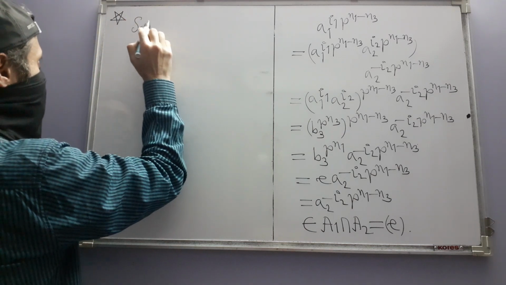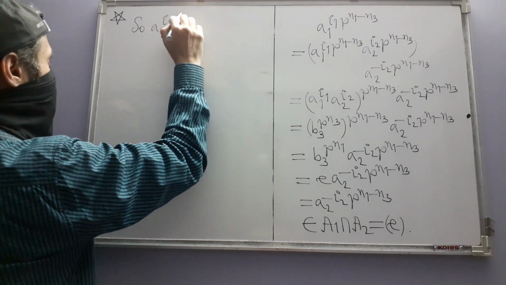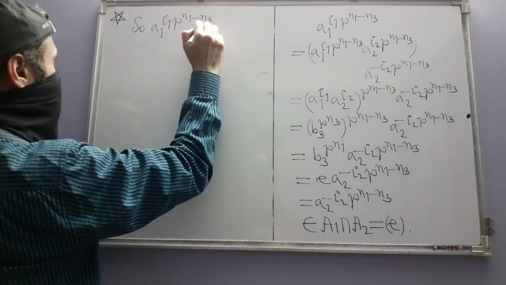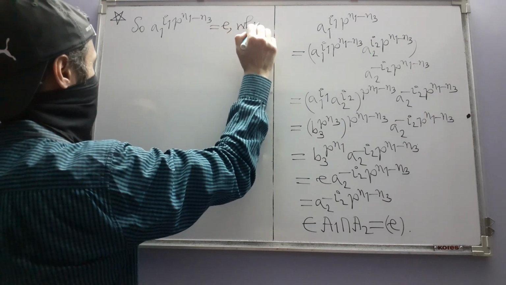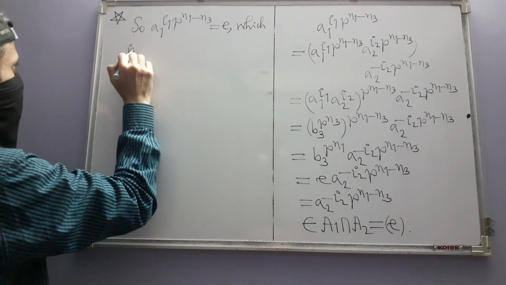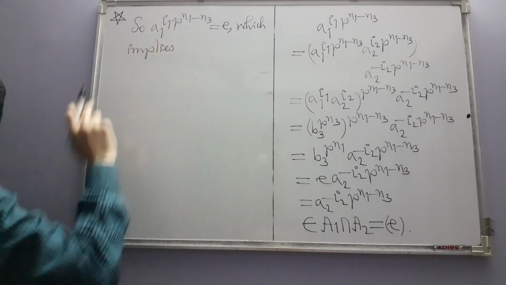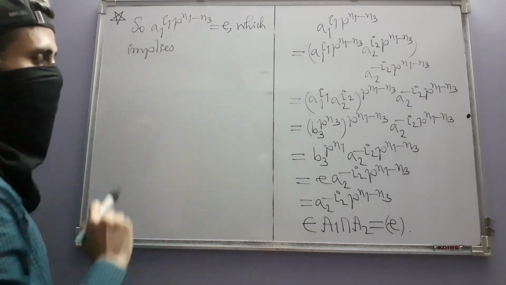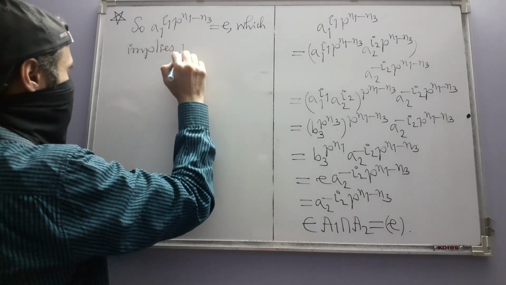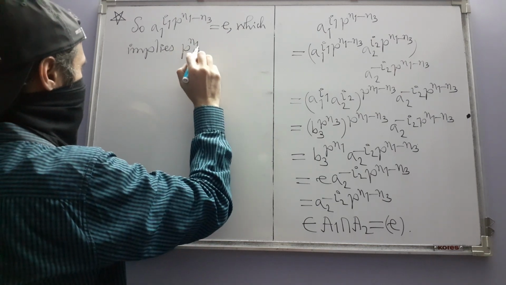So which implies, again same argument, the order of A1 this time will divide this exponent, and the order of A1 is p to the power n1, the largest possible order.